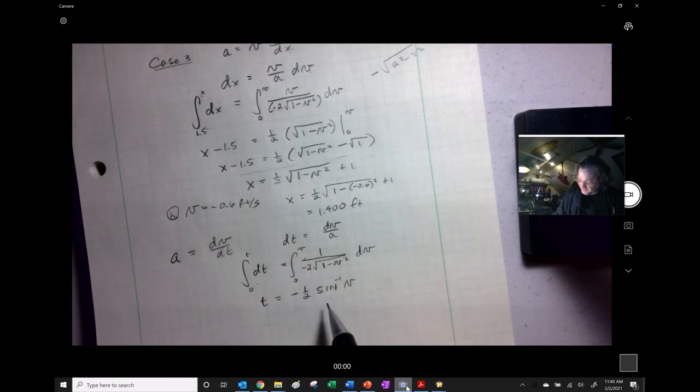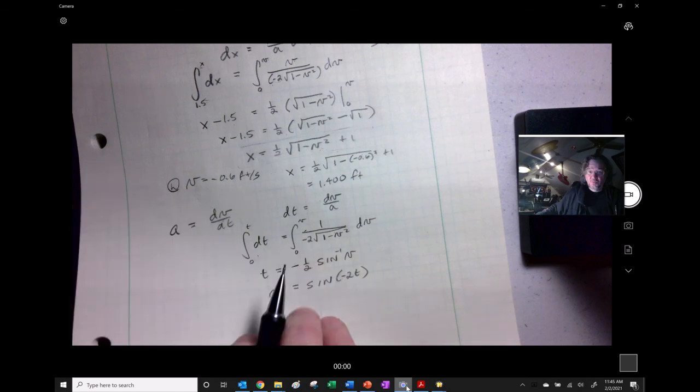Plugging that into the thing, if you take the sine of both sides of this and we multiply that over to the side, we're going to have v equal to the sine of negative 2t. That's a really weird thing to happen.